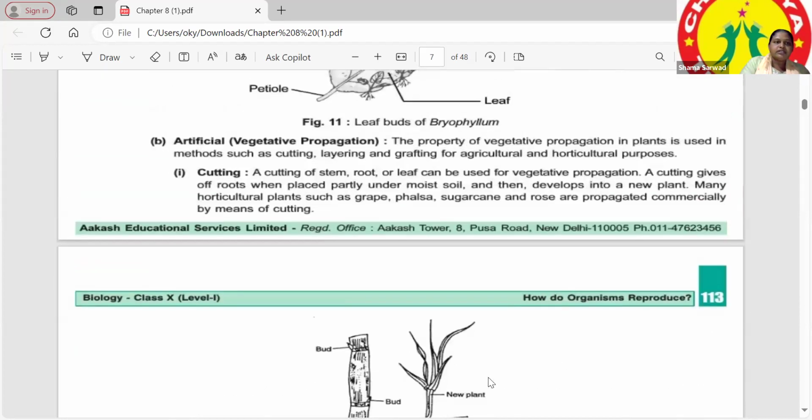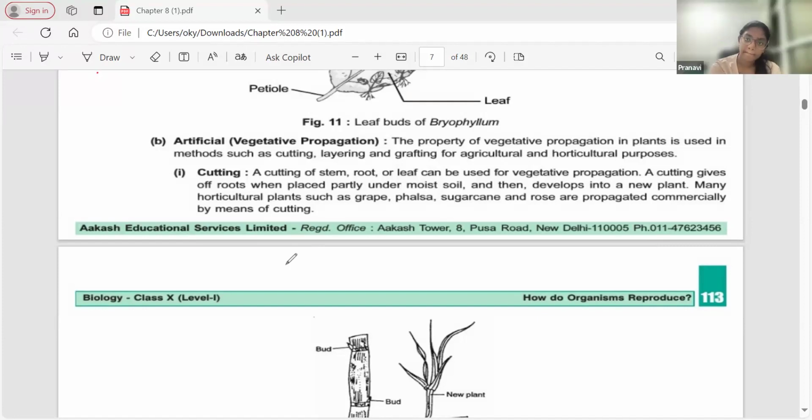See, in that first one, what is given? Artificial vegetative propagation. The property of vegetative propagation in a plant is used in methods such as cutting, layering, and grafting for agriculture in the field to take a proper yield from the crops. That is horticulture or agriculture.